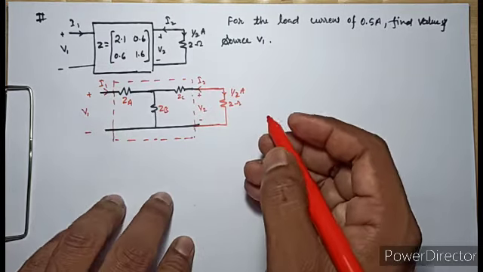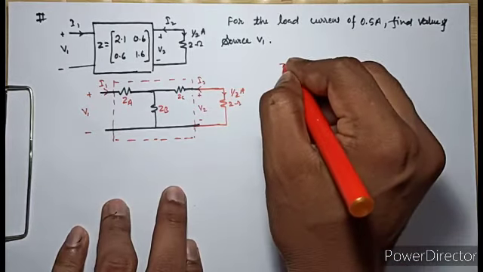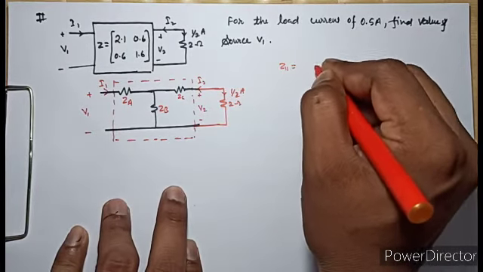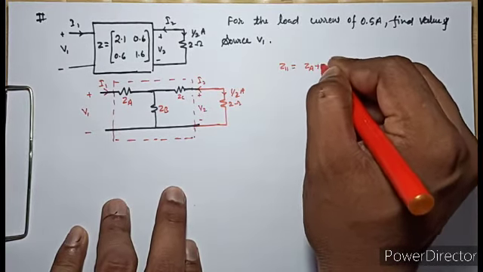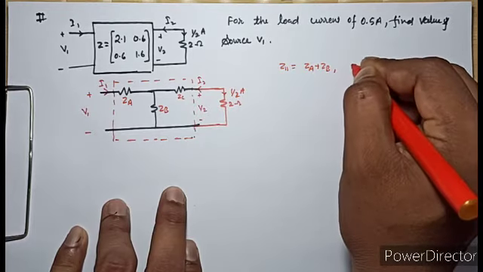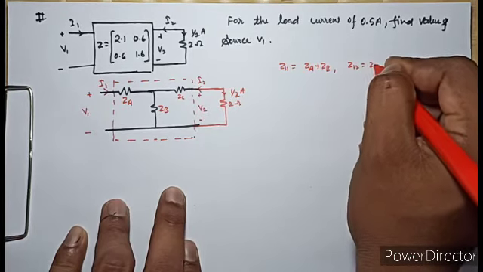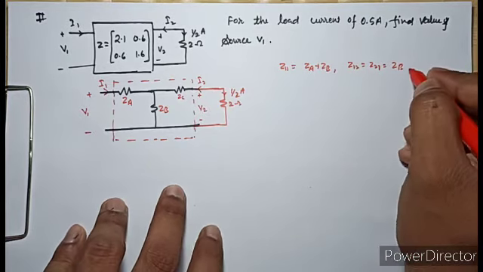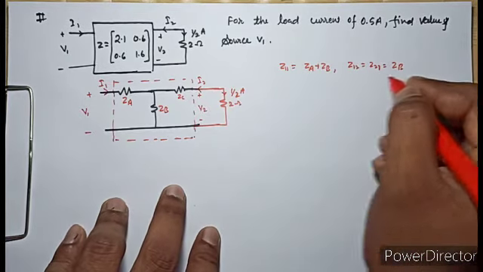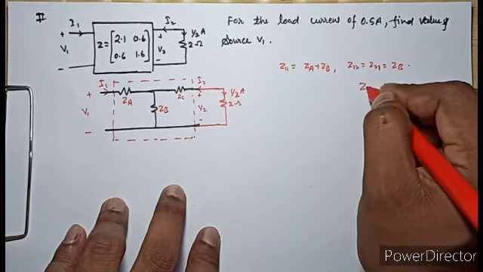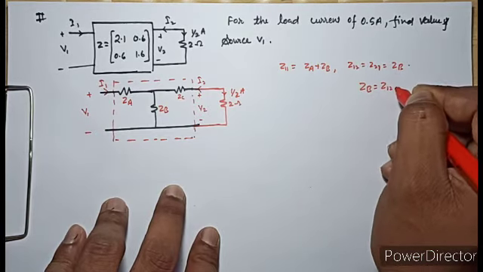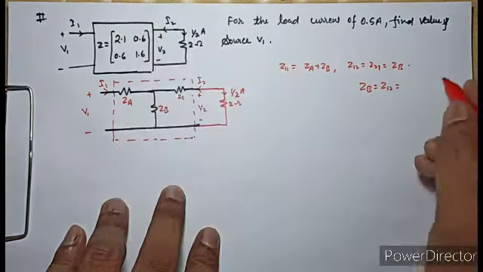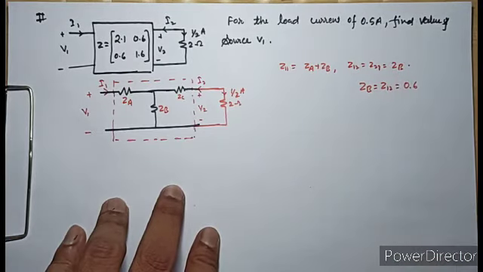Now recall, Z11 was what? Z11 was ZA plus ZB. Z12 and Z21 was nothing but ZB. So from here our ZB is Z12, which is nothing but 0.6, isn't it?